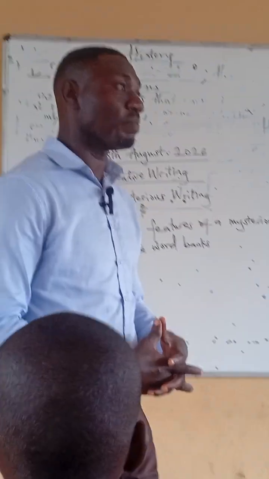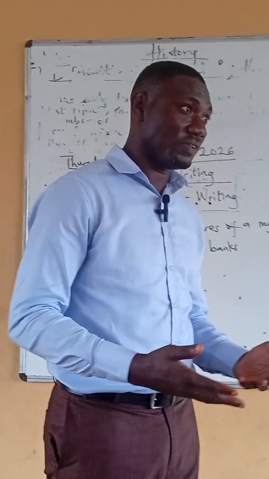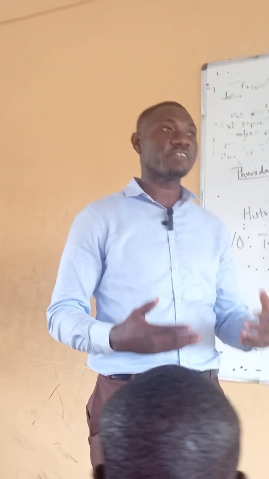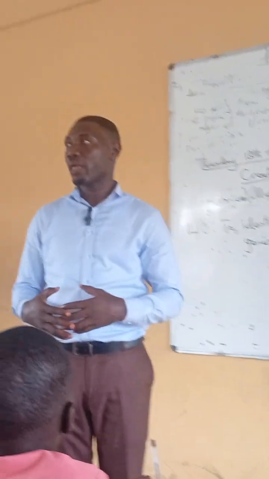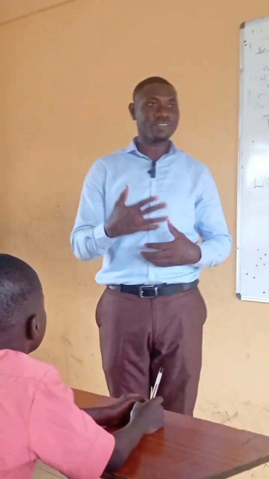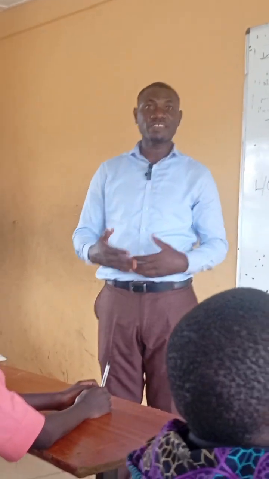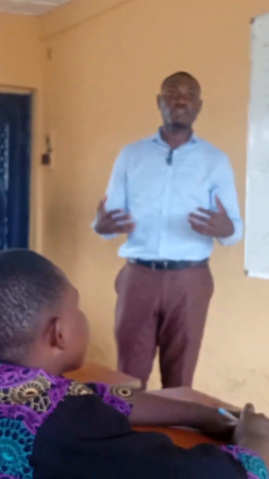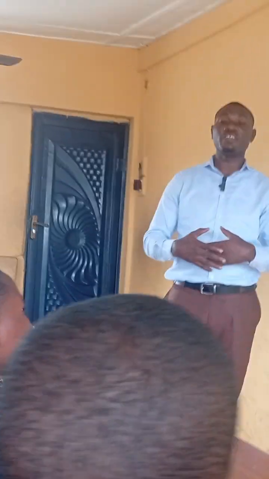It involves something missing sometimes. The setting does not necessarily have to be a mysterious setting, it can just be a normal setting, but there has to be something missing, something that involves a lot of suspense, something to be discovered. Are you with me now?